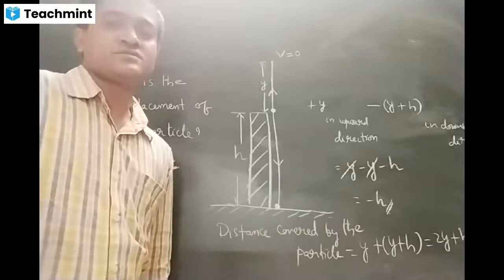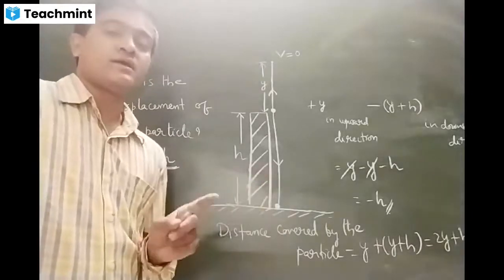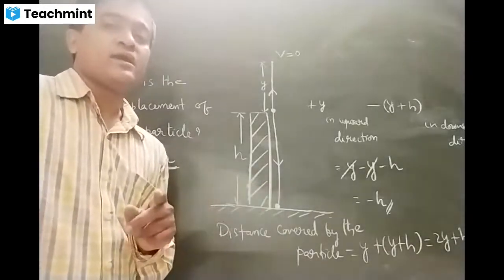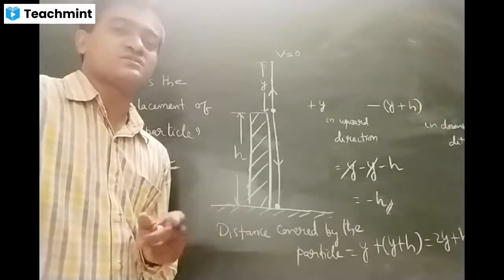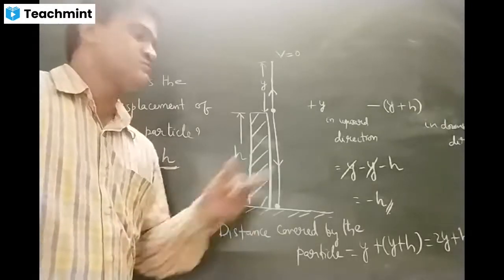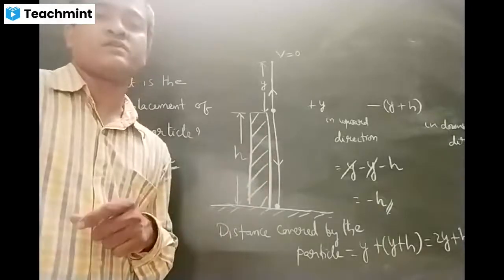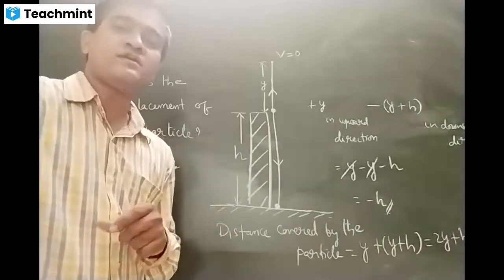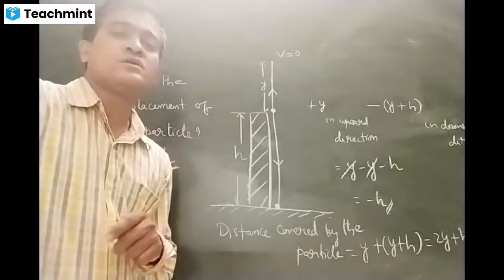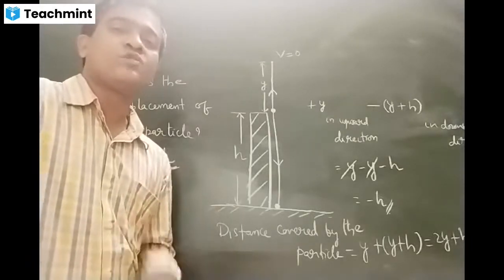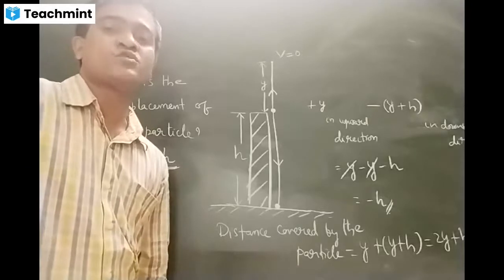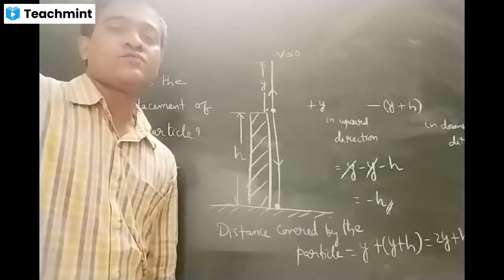Now, remember, if a numerical is based on the top of a tower, and a particle is thrown vertically upwards from the top of a tower, then what would be the equation of motion for displacement?